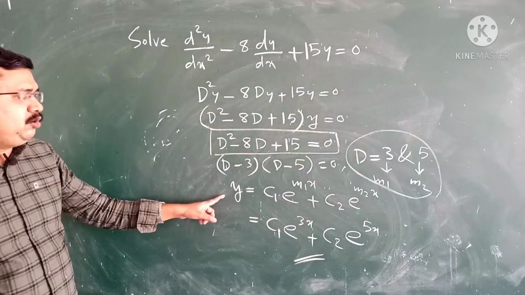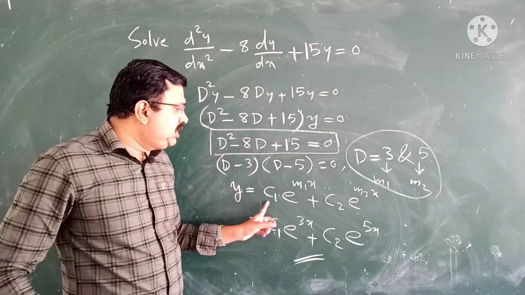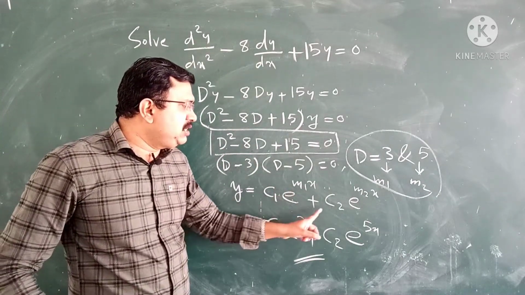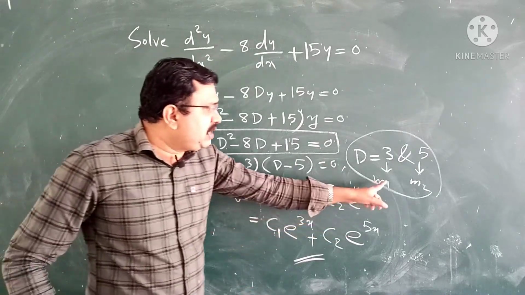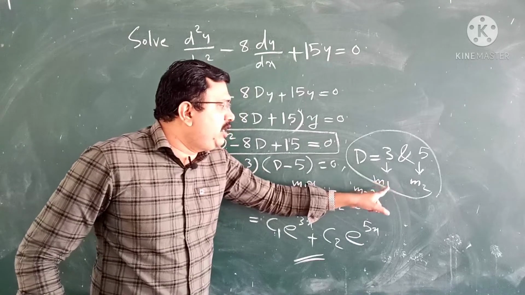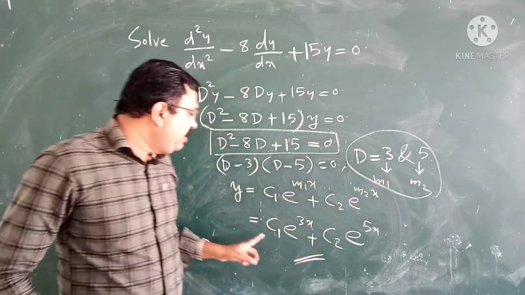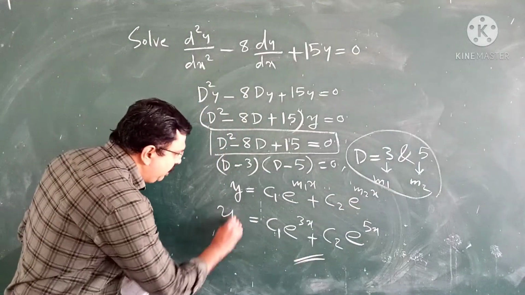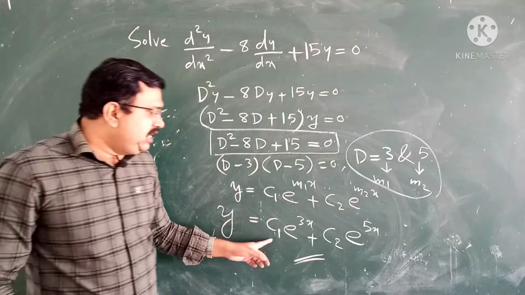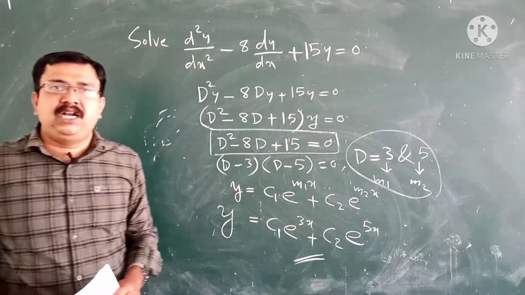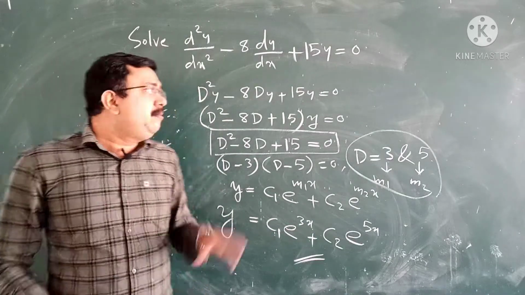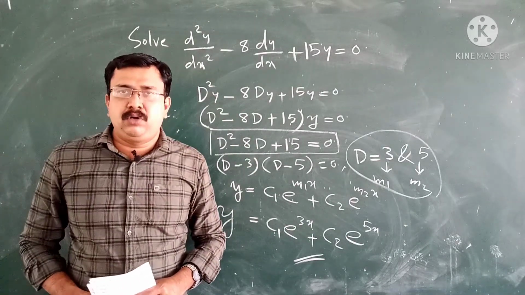We know that the solution is y equal to c1 e raised to m1x plus c2 e raised to m2x. Therefore, we are substituting the values for m1 and m2. m1 is 3, m2 is 5. Therefore, our final solution y equal to c1 e raised to 3x plus c2 e raised to 5x. That is our final solution. Please write down on your notebook.